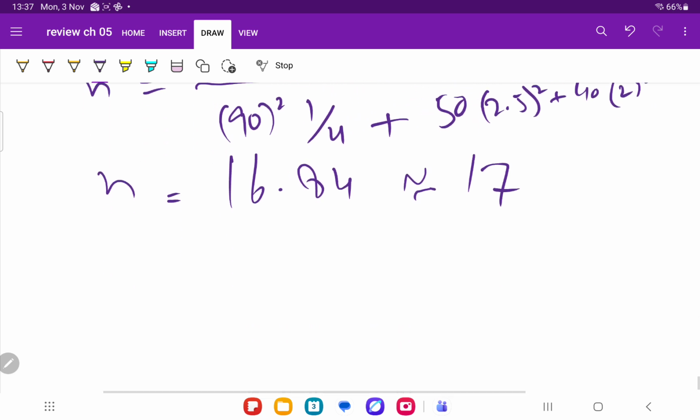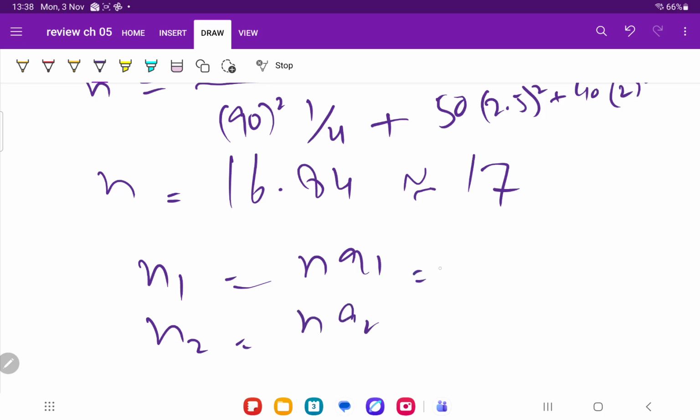Okay, around 17. So n1 is equal to na1 and n2 is equal to na2.